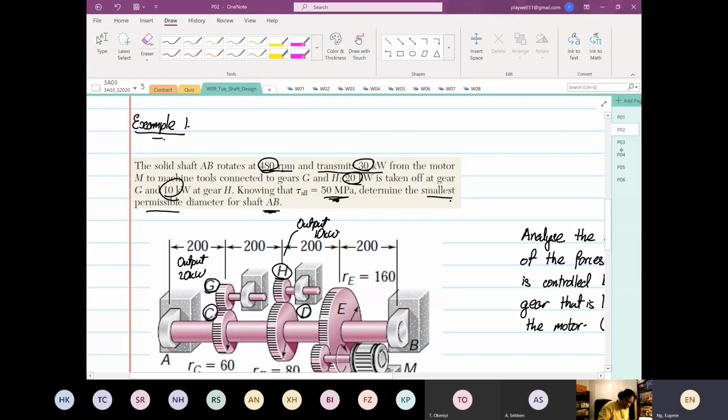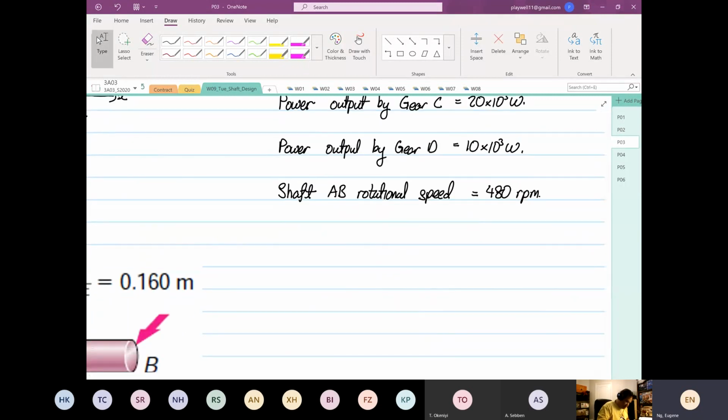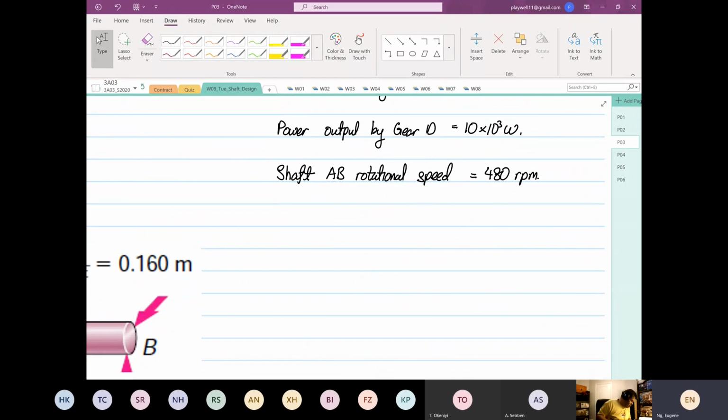We have a very simple formula to apply for power. Now the thing is, how are we going to relate power, torque, and forces?